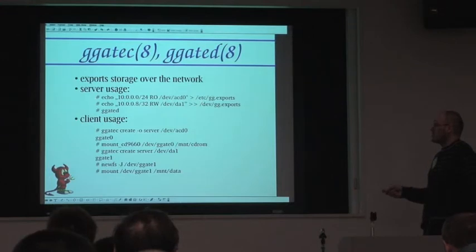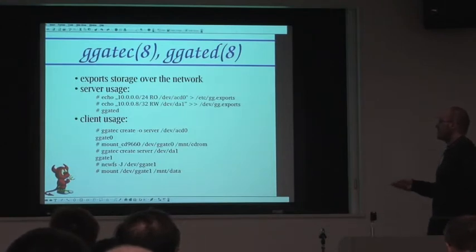You can just export acd0 using the GEOM gate daemon, and on my laptop I just attach the GEOM gate provider. This is the name I have, and I can just mount the CD-ROM I have in my home machine. You can export, of course, any GEOM provider and use it anywhere you want.